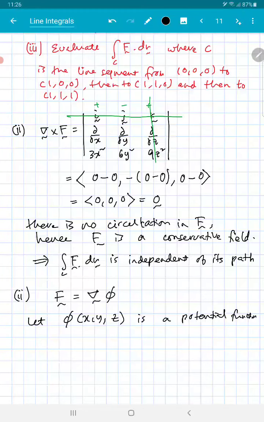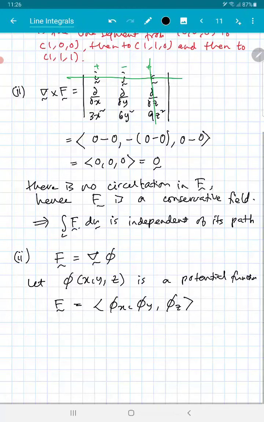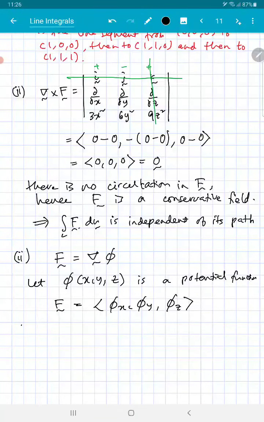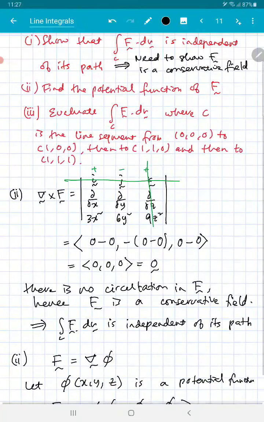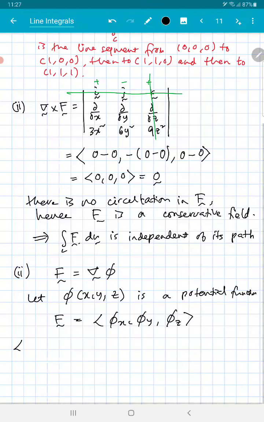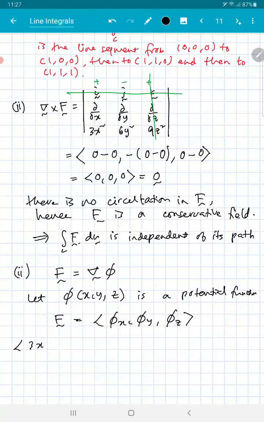Then F is going to be equal to the gradient of phi, which is partial phi partial x i plus partial phi partial y j plus partial phi partial z k. So here we have vector field F, which is equal to 3x squared i plus 6y squared j plus 9z squared k, and this is equal to the gradient of phi.